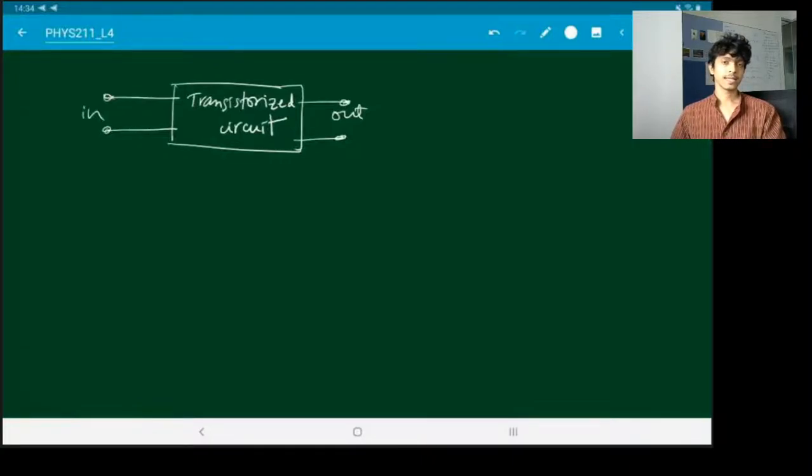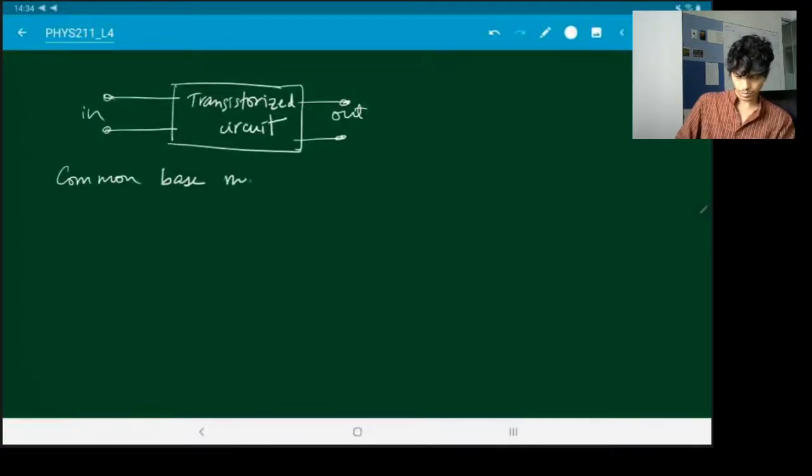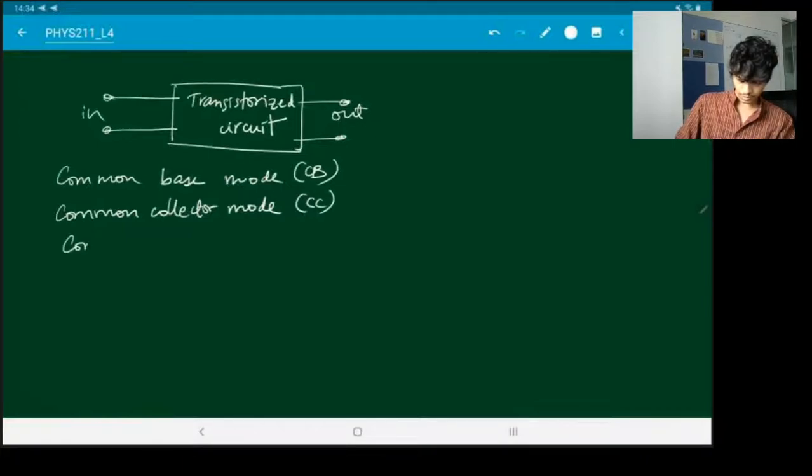What this means is that one of these 3 is going to be common to both the input and the output. So correspondingly, there are 3 possible modes of operating a transistor. A transistor can be operated in common base mode or configuration, or in common collector mode, or in common emitter mode.